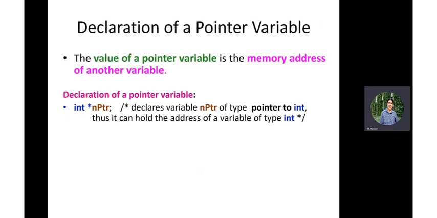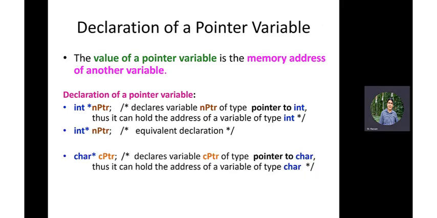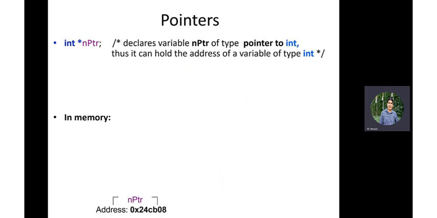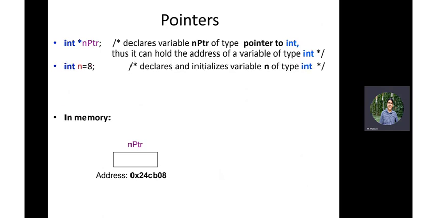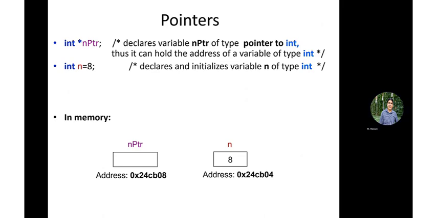So this is an example of how to define this, and it will help us really visualize what it means. If I'm defining a pointer variable to point to an int, what happens in reality is there is another variable here, n, for example, that is stored somewhere in the memory. It has this address, assume, right? And it has the value of 8.